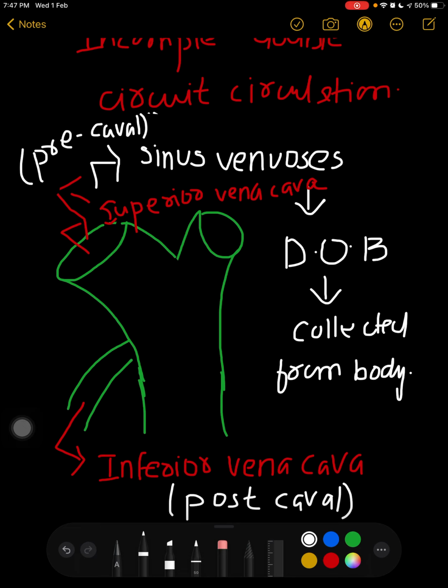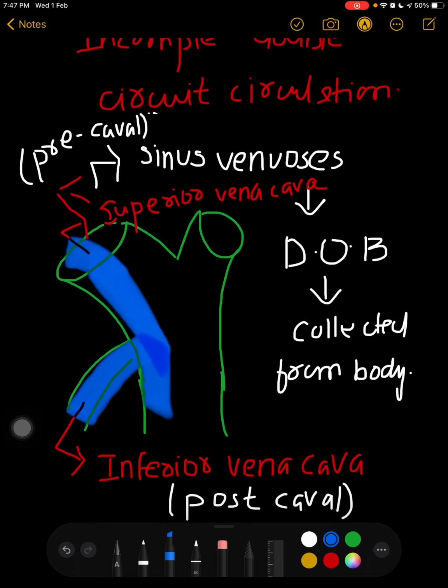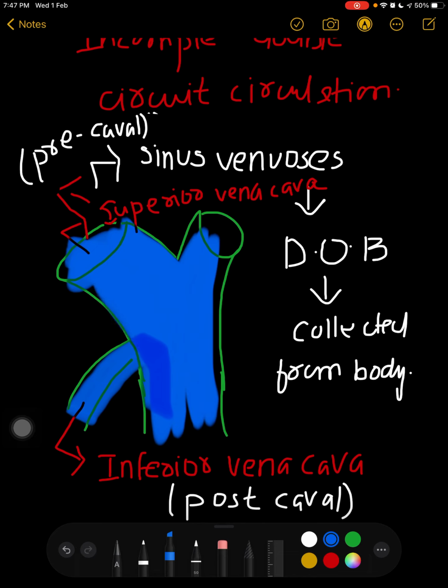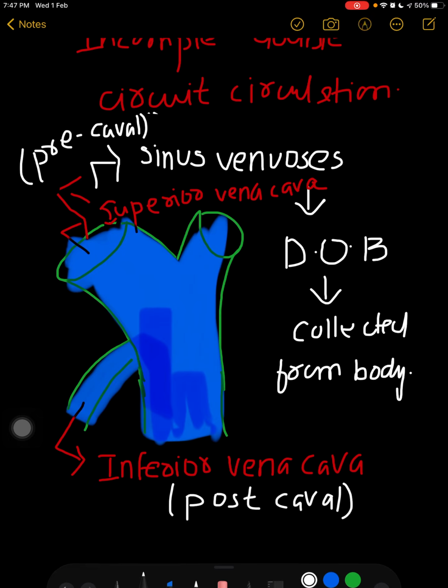So basically, what happens, the deoxygenated blood from whole body is there. As we know, the color of deoxygenated blood is blue or purplish. So here deoxygenated blood is collected from whole body through superior vena cava, which is also known as pre-cable, and inferior vena cava, which is also known as post-cable, right?